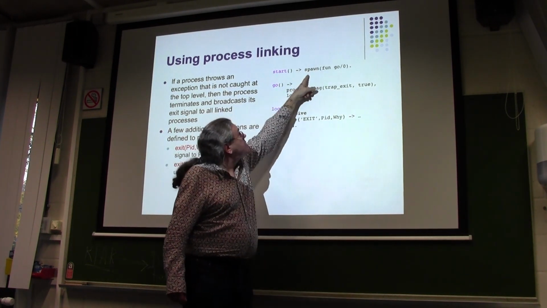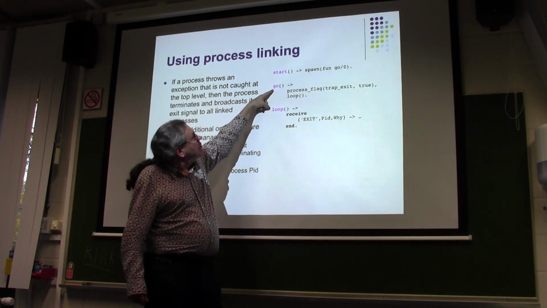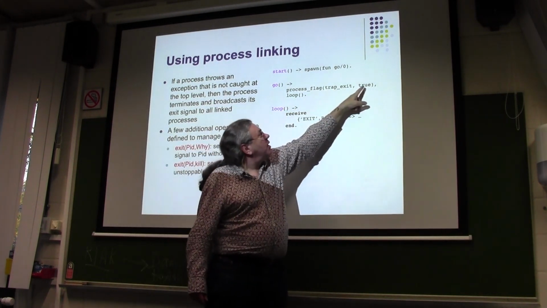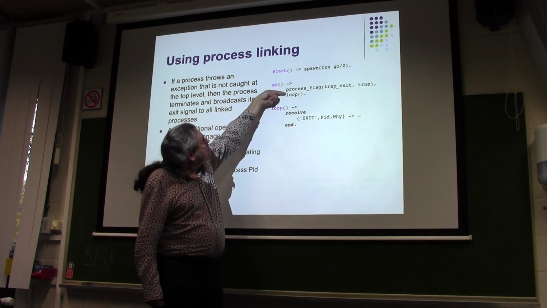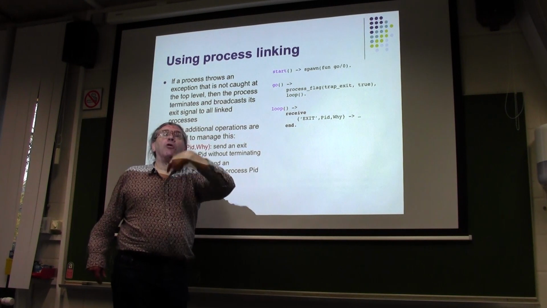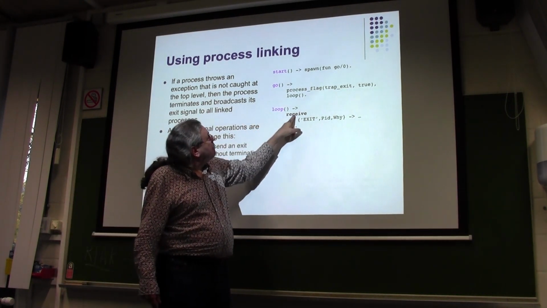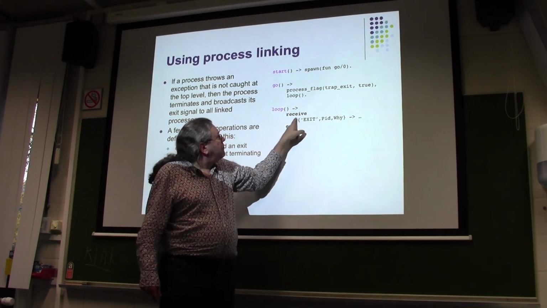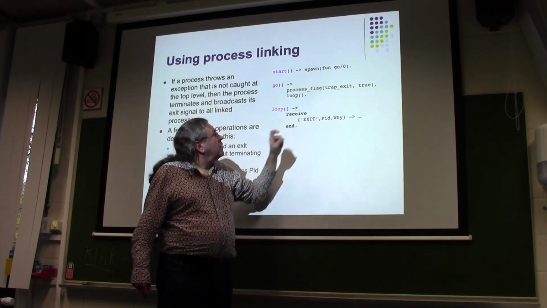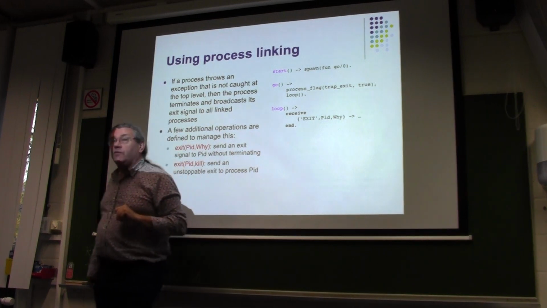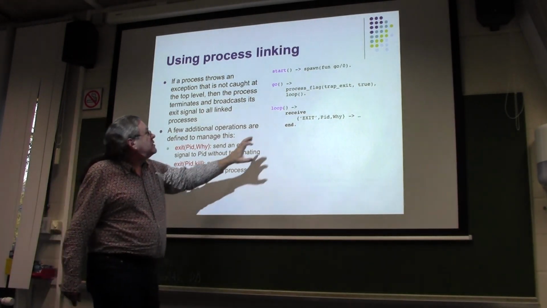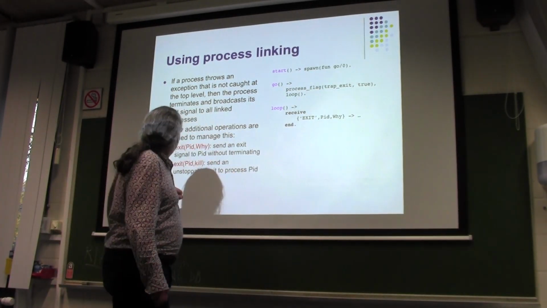I create a process with this function go. I set the trap exit flag to true, and then this loop is the core, the process loop. This loop is going to do a receive, and it will receive messages from all of the linked processes that fail. So this is like a supervisor process.